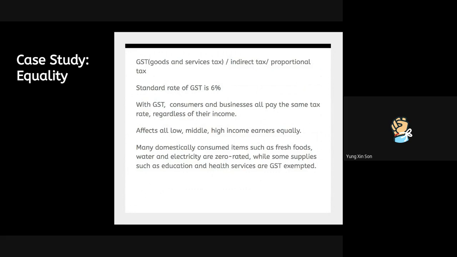Therefore, it affects all low, middle, and high income earners equally. Many domestically consumed items such as fresh food, water, and electricity are zero rated, while some supplies such as education and health services are GST exempted.